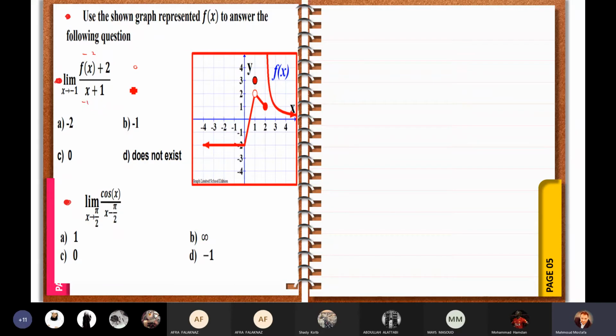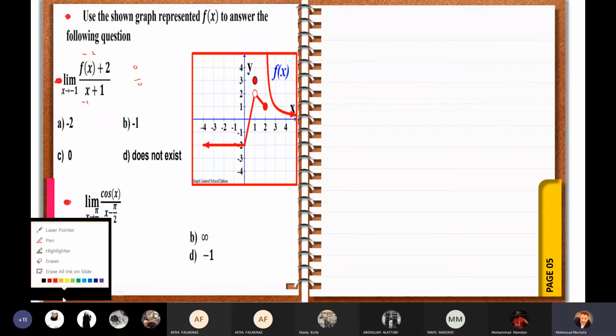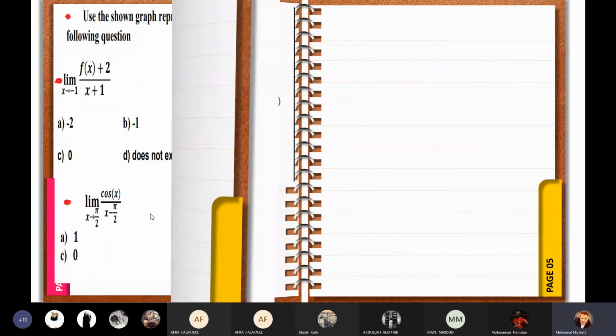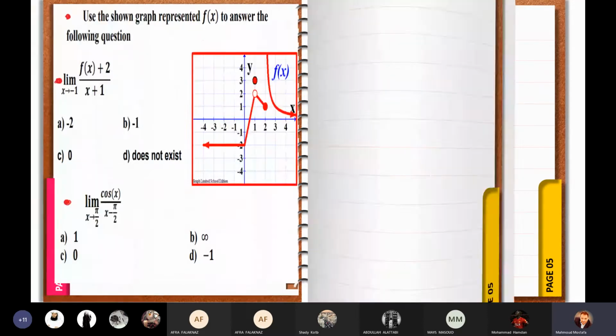Now -1 plus 1 is 0. 0 over 0, we cannot use it directly. Any idea here?